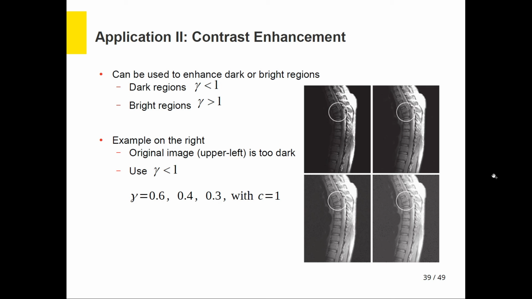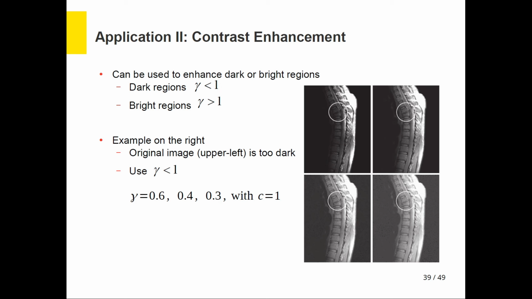Let's go for another example in biomedical image processing. As you can see here, we have a biomedical image that is very dark. If we want to enhance the appearance of this image, we can use a gamma value of less than 1, and that causes the dark regions to be less pronounced in the image.